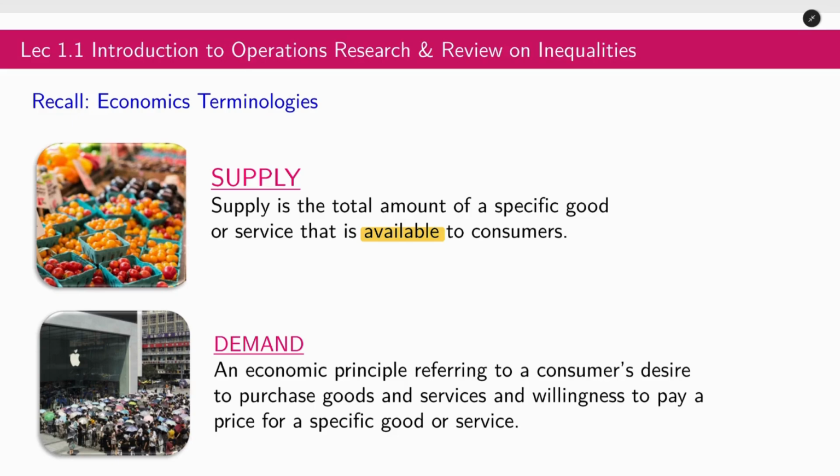An economic principle referring to a consumer's desire to purchase goods and services and willingness to pay a price for a specific good or service. Always remember the law of supply and the law of demand. When the supply is low, the demand is high. Of course, it will run out. The opposite, when the supply is high, there will be oversaturation and the demand may go down.